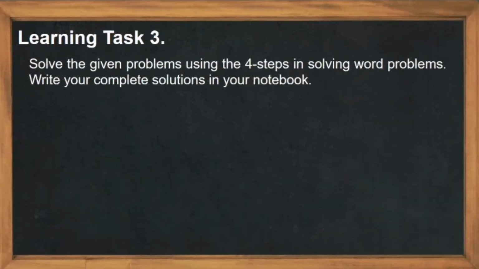Learning task number 3: solve the given problems using the four steps in solving word problems. Write your complete solutions on a piece of paper, a bond paper, or in your notebook.